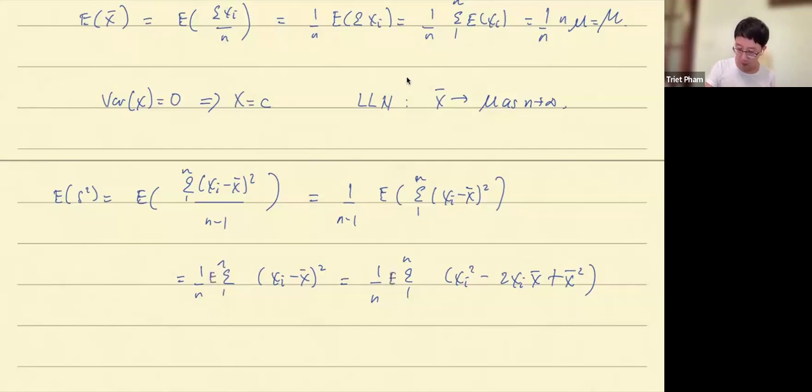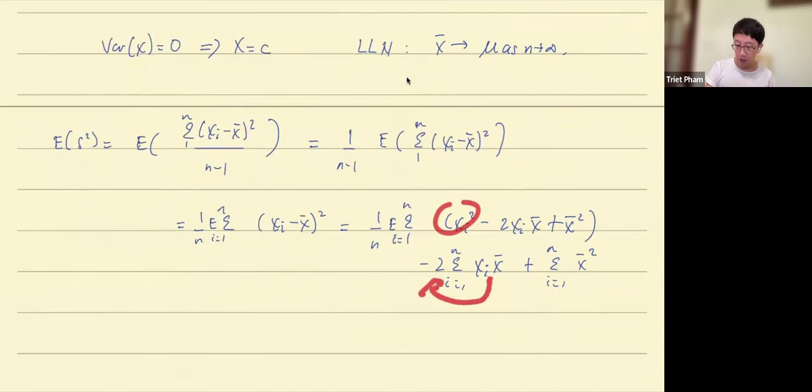The reason is as follows. A sum of xi squared, whatever. But here x bar is a constant in terms of the sum, because this is a sum over i. Ignoring the first term, if I just look at xi x bar, times 2, plus the sum, that's what I'm looking at. Then x bar is a constant, it can come out. In other words, this is minus 2 x bar times the sum over i equals 1 to n of xi.